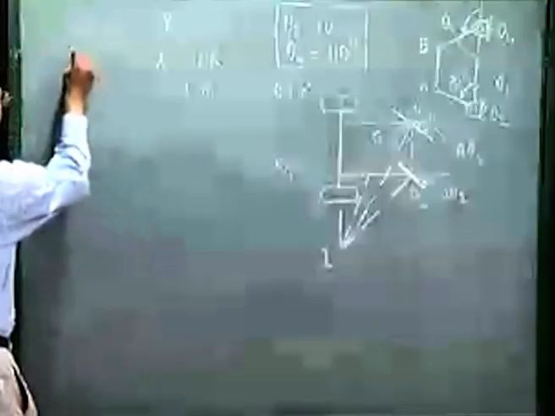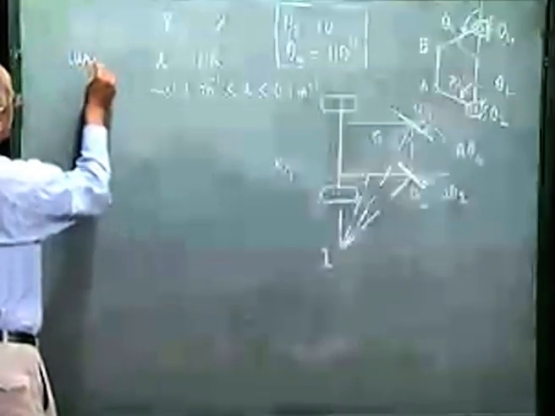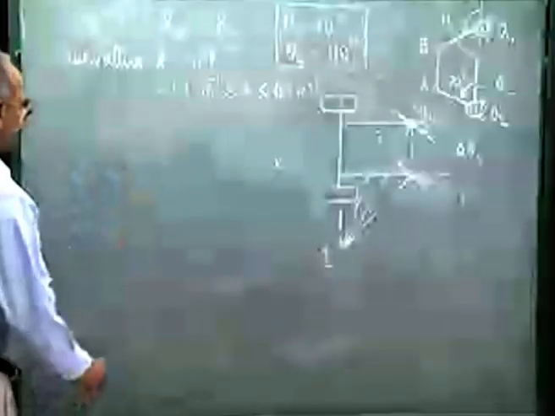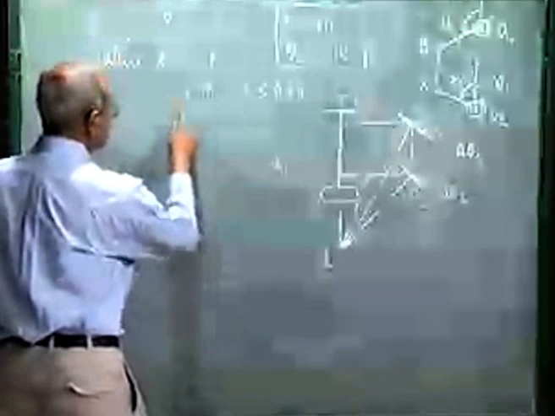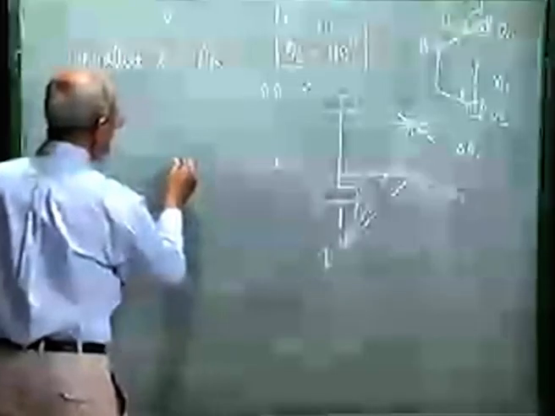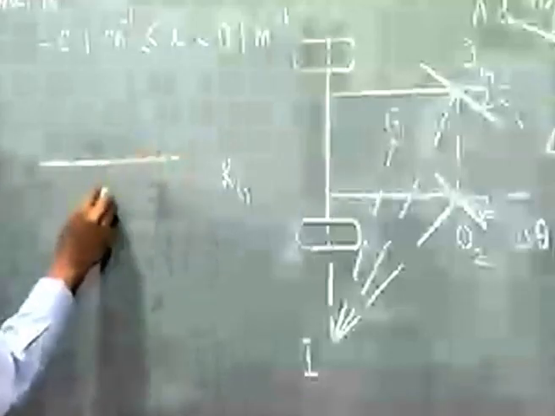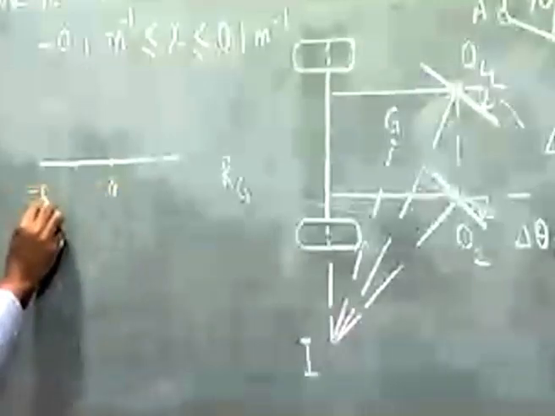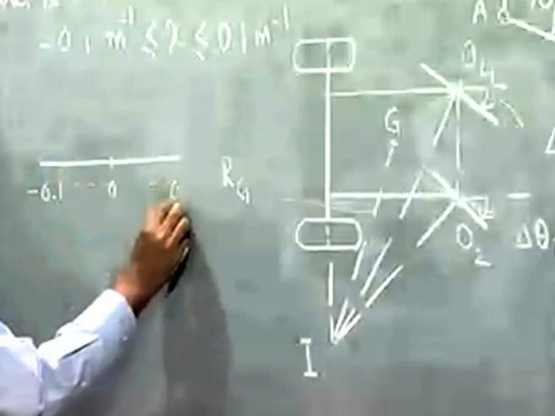This is called curvature. So we can take three accuracy points in this range, minus 0.1 to 0.1, as follows. We draw chi, this is say 0, this is minus 0.1, this is plus 0.1.